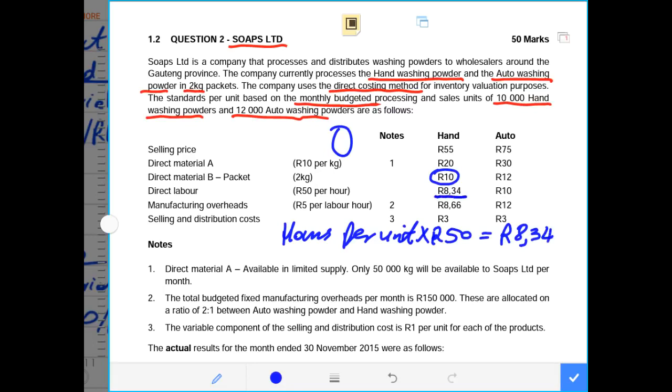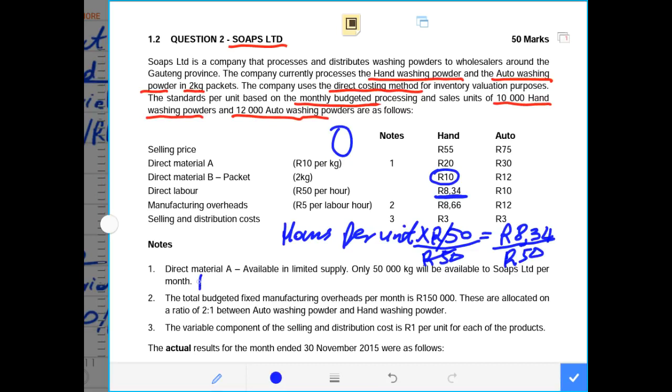In order for us to get to this 8 rand 34 cents, we would have done these calculations. Meaning now, if we are looking for hours, we'll divide by the rate per hour, which is 50 rand.